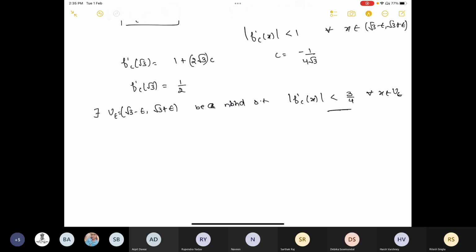So now you have this neighborhood, root 3 minus epsilon comma root 3 plus epsilon. If I take my initial guess x naught to be, say, root 3 minus epsilon by 2, it belongs to U epsilon, and now I can approach x1, x2 and so on. Then in theory, mod x_(n+1) minus x star is less than mod f prime c times mod x_n minus x star. So now this f prime c is surely less than 3 by 4, right?